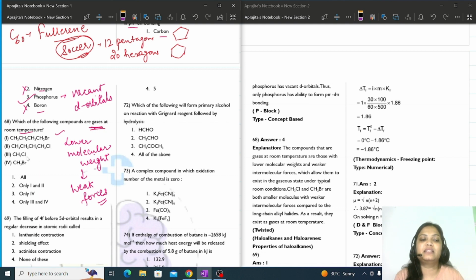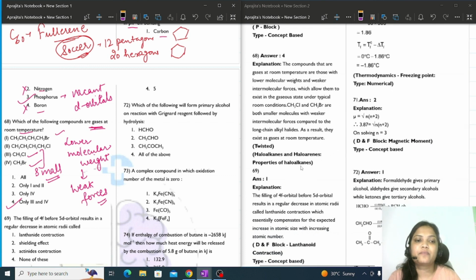Here, methyl chloride and methyl bromide are small molecules. They will have weak forces of attraction as compared to long chain alkyl halides. So the answer is option 4, that is only 3 and 4 will be gases.